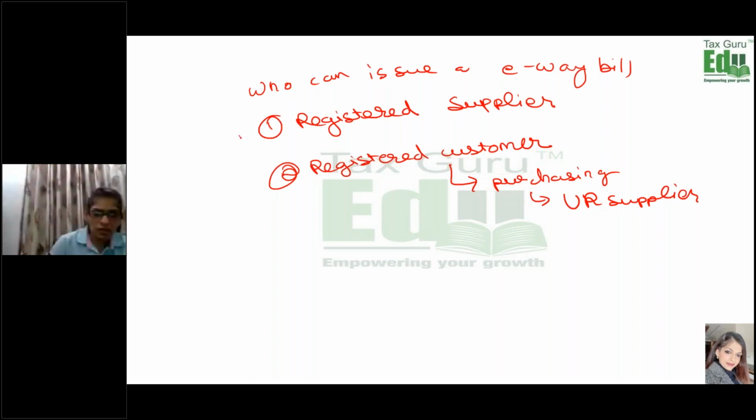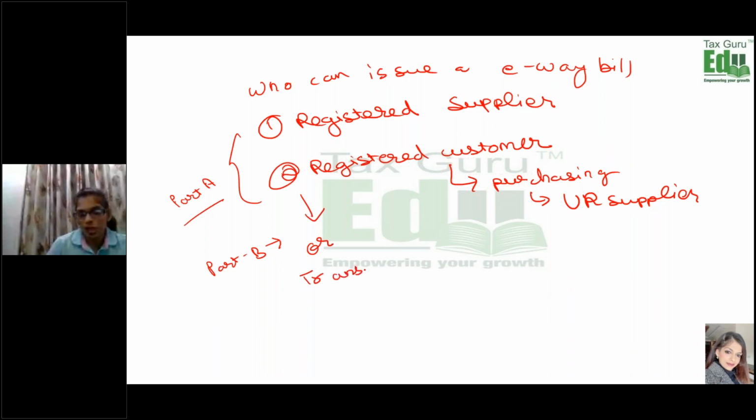Part A can be done by both. Part B can be updated either by them or the transporter. Even the transporter has the authority to update part B. Part B basically contains the details of the transportation, such as the vehicle number through which you are going to make the transfers.